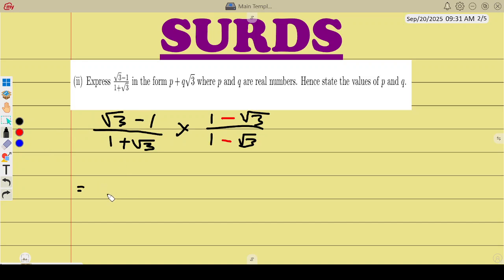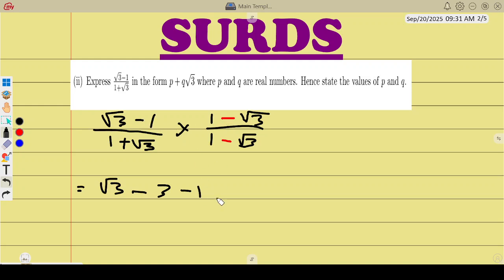So let's get at it. Root 3 times 1 is root 3. And then here I have a minus. Root 3 times root 3 is 3. So what is negative 1 times negative 1? Negative 1.